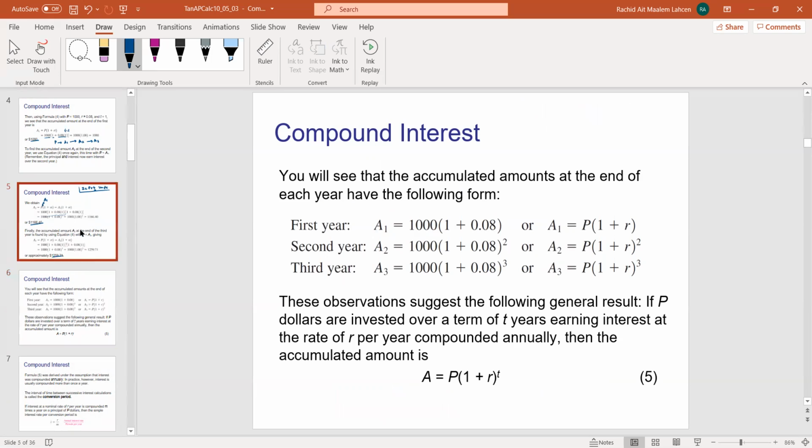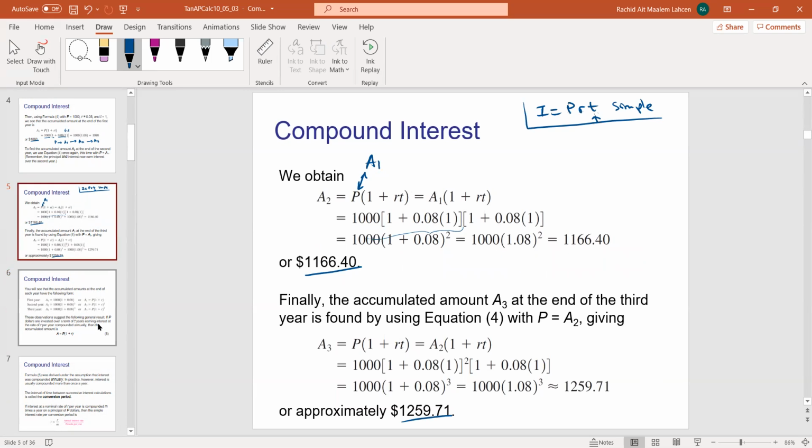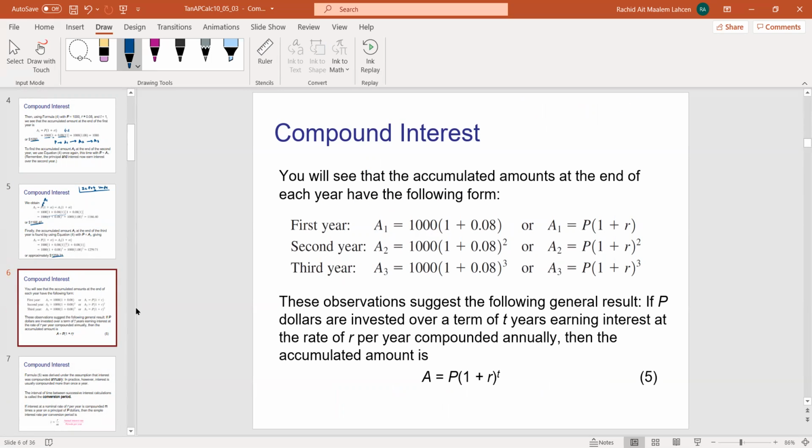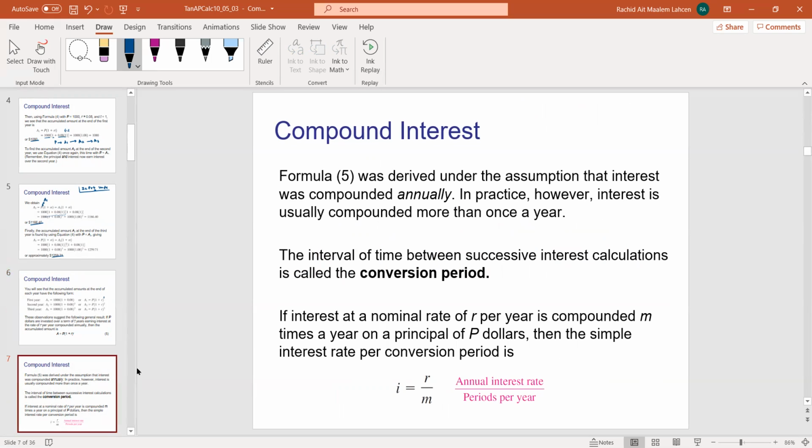And why this is done in this format is just to show you that when you do it this way, you're getting this formula. The second year, this is repeated twice, so exponent 2, then 3 times, so exponent 3, so it comes up as this formula for the accumulated amount. But there is, of course, an assumption that this is compounded annually, which means each year we just redo the calculation after a year.